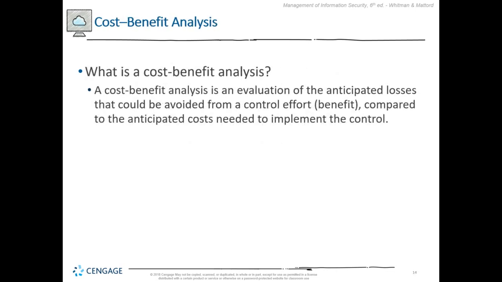So a cost-benefit analysis is an evaluation of the anticipated losses that could be avoided from control efforts, which is the benefit, compared to the anticipated costs needed to implement the controls. It's an analysis done to determine whether the value of an asset warrants its protection.